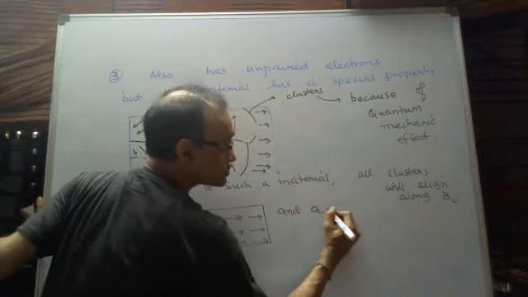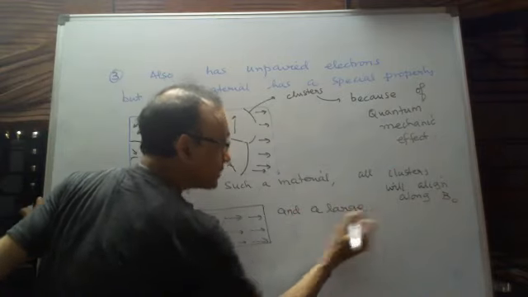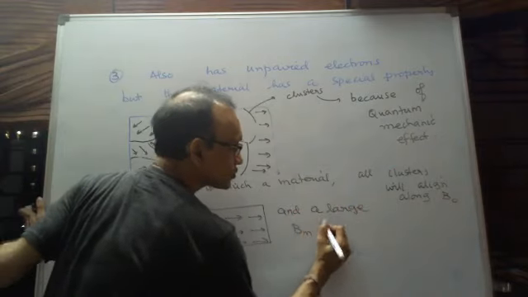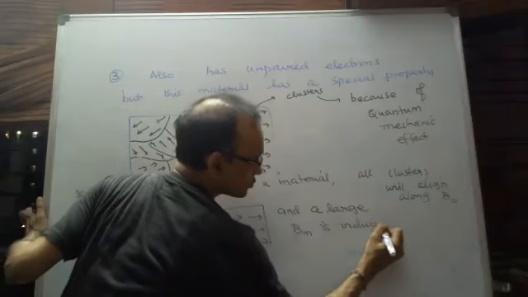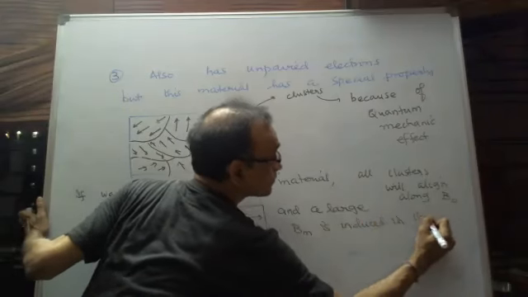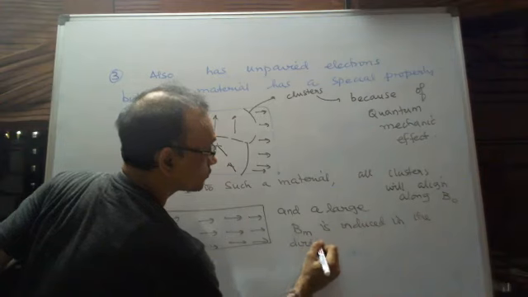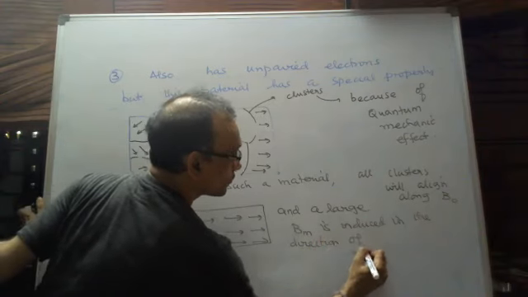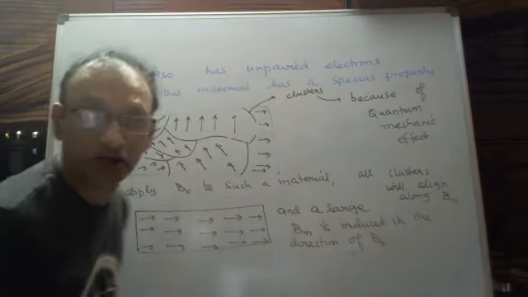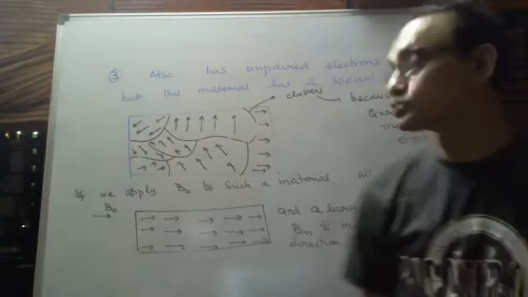A large BM is induced in the direction of B naught. In the direction of B naught, a large magnetic field is induced.